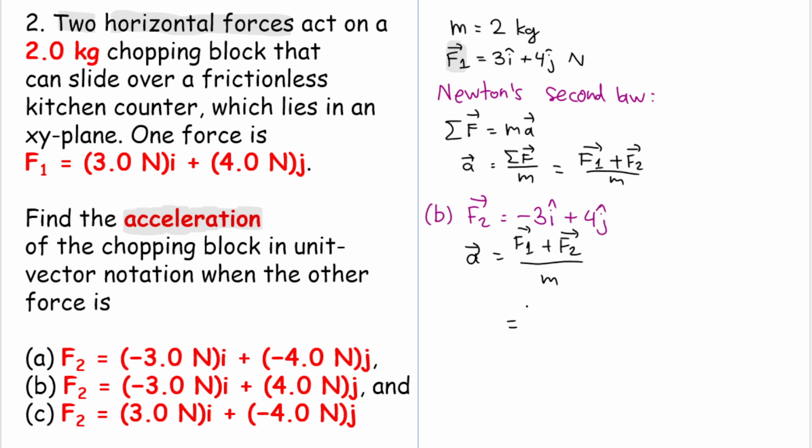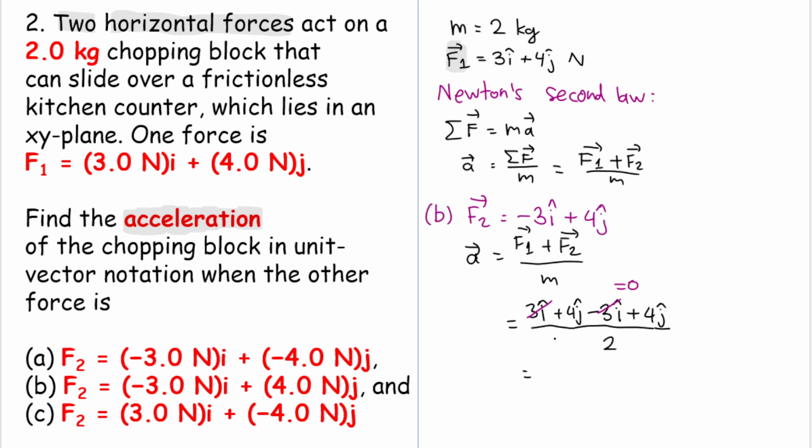Let's plug the numbers here. F1 is this one, so I have 3I plus 4J, and then we'll have minus 3I, and then plus 4J. Divide all of that by the mass of the block, which is 2 kilograms. 3 minus 3 is 0 here, but we will have 4 plus 4.